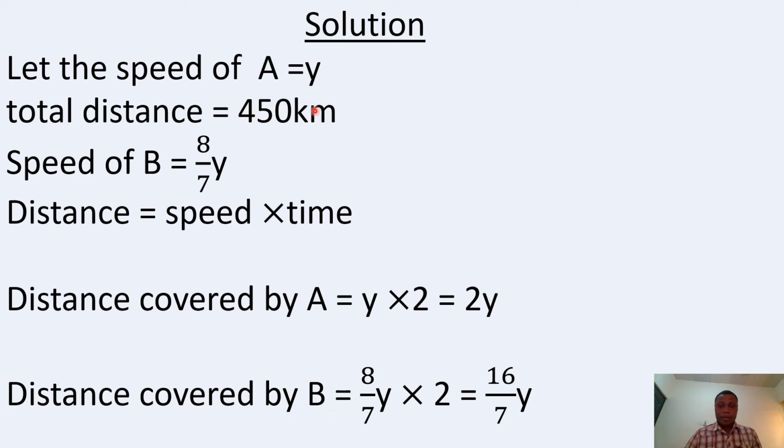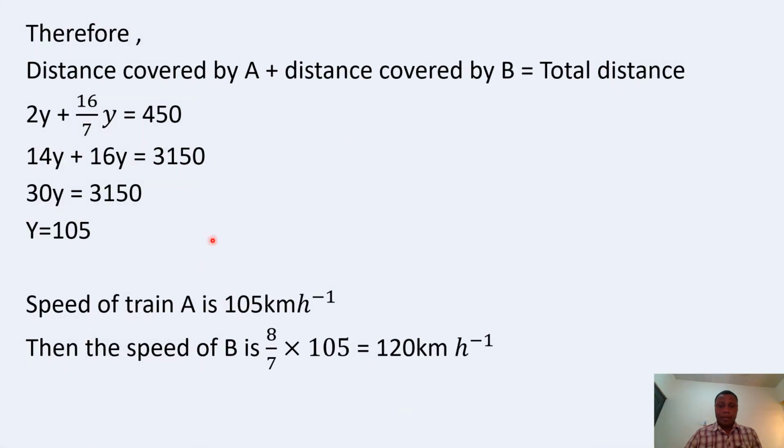Because we have the total distance, if you are able to find the distance covered by A and that of B, and you add them, the addition of these two expressions, 2y and 16/7 y, should give you 450 kilometers. The distance covered by A plus the distance covered by B is equal to the total distance, so 2y plus 16/7 y equals 450.